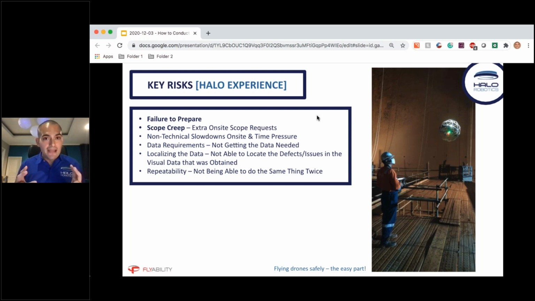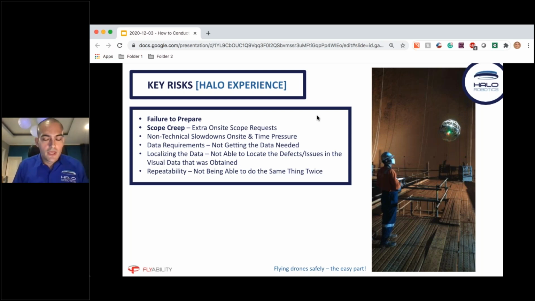The amount of standby time caused by this and by non-technical factors, like administration or bureaucracy or HSE policies, that's all fine and good, but it's something to really factor into operational planning in high-risk environments. Typically there is quite a bit of non-technical work that needs to be allocated for time, and if it's not allocated, that can create time pressure, and time pressure can cause problems with the actual drone operation.